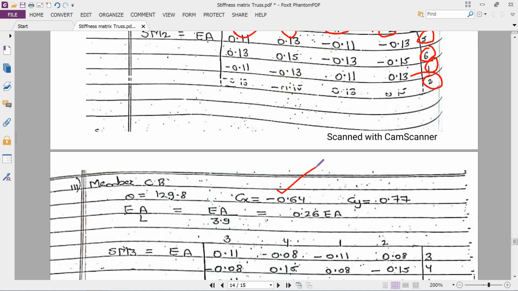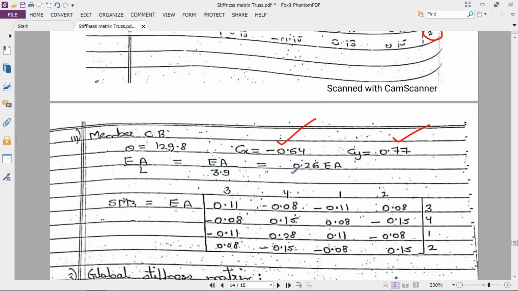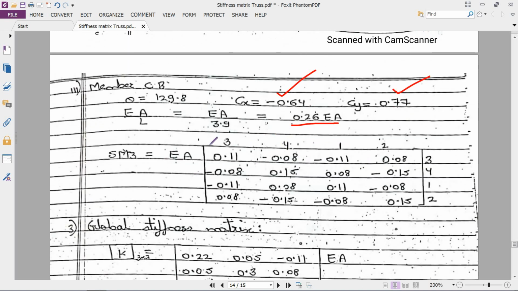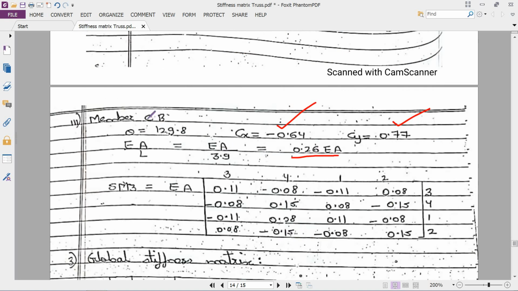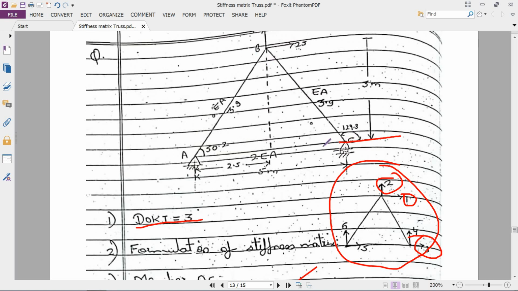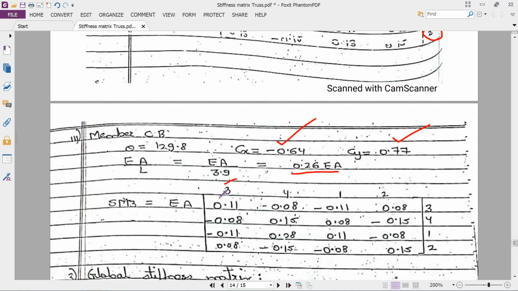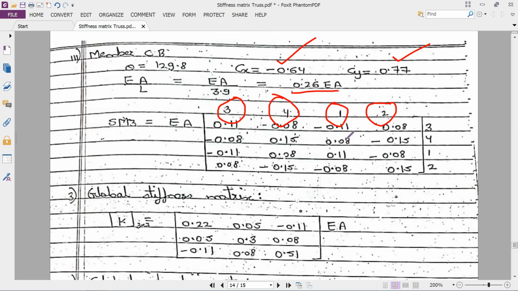So Cx value is minus 0.64 and Cy value is equal to 0.77. Then again we calculate EA by L. As EA value is EA and L is 3.9, we get 0.26 EA. Then multiplied by 0.26 in the matrix, you will get the answer as 0.11, minus 0.08 and so on. For CB the coordinates are counted from C, so it will be 3, 4, 1, 2. Likewise we write 3, 4, 1, 2 row wise and column wise similarly.